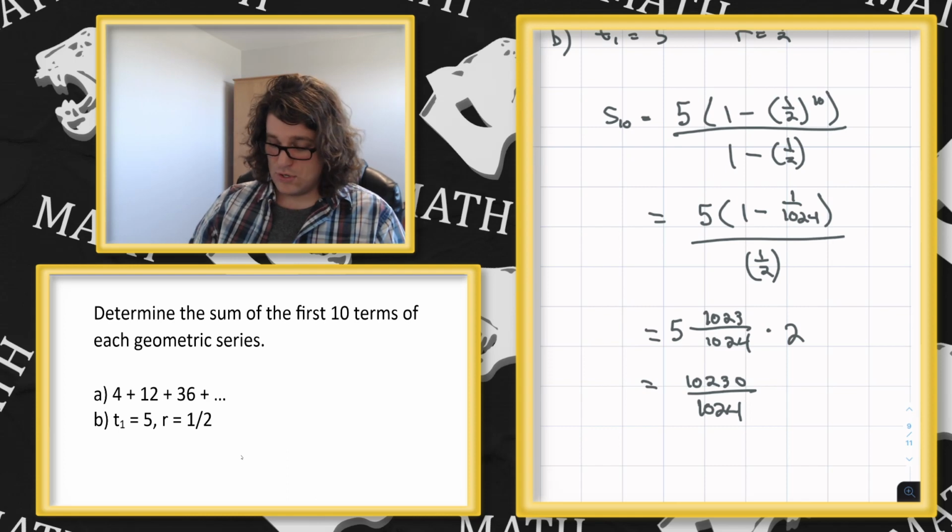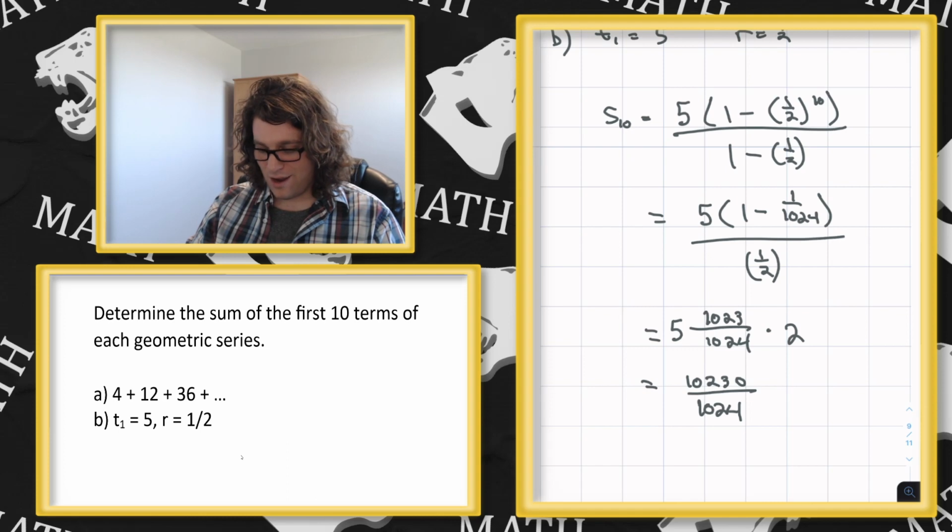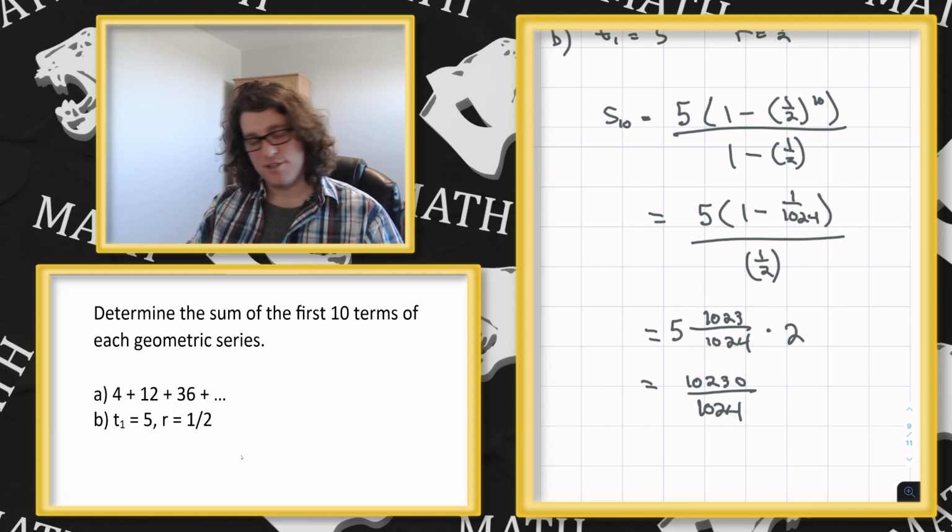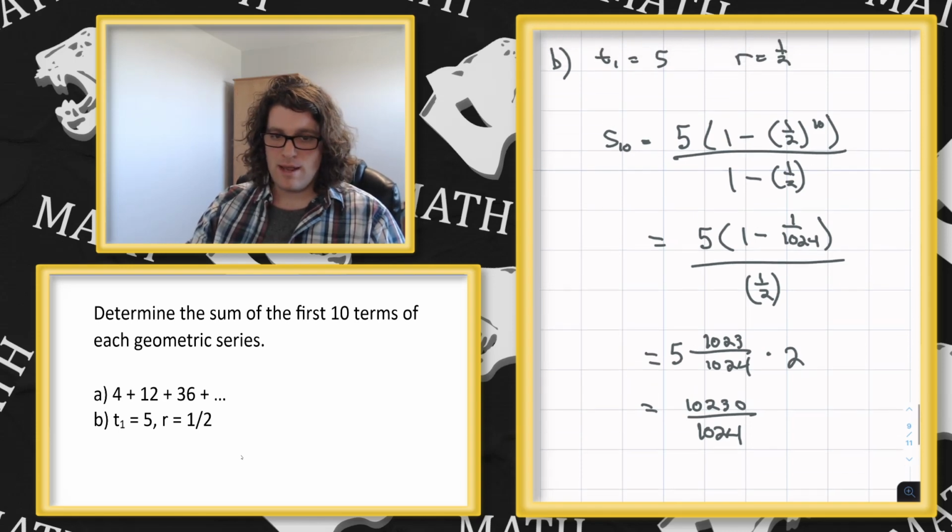Now that reduces. I'm going to actually just see what that number is. Obviously, it's a touch less than 10. But it is the number 9.9902, so it's very, very close to the value of 10 there.